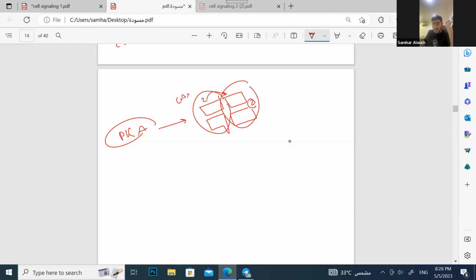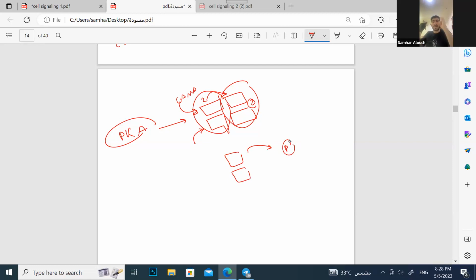Now cyclic AMP comes and binds to the subunits that inactivate. Once cyclic AMP binds to them, they dissociate, and now we have the two subunits that phosphorylate free. They go to the specific protein or enzyme that we need to phosphorylate, and they phosphorylate it. So that's how PKA gets activated by cyclic AMP.